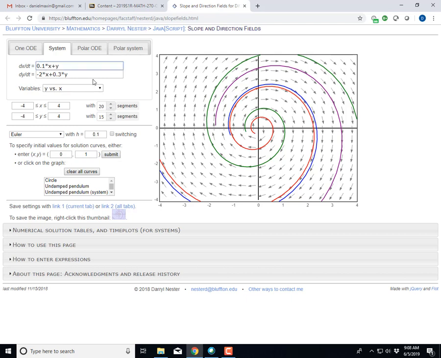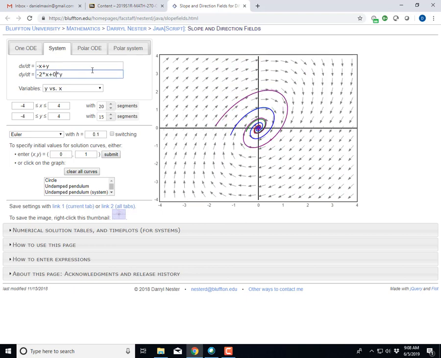The opposite one, when you have an attracting spiral, let's do the example in the presentation. So minus x plus y, minus 2x minus 3y.